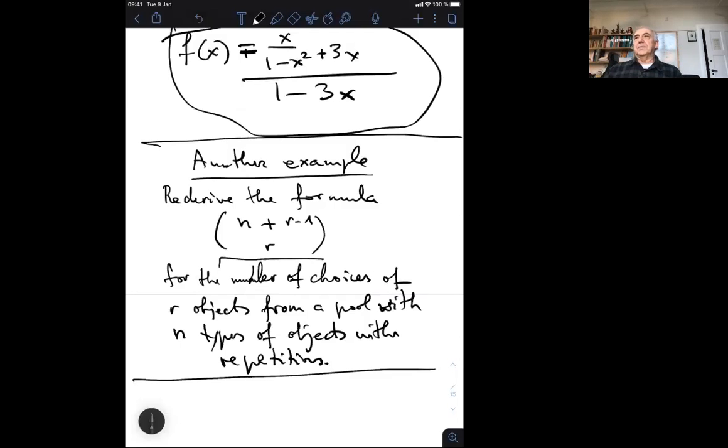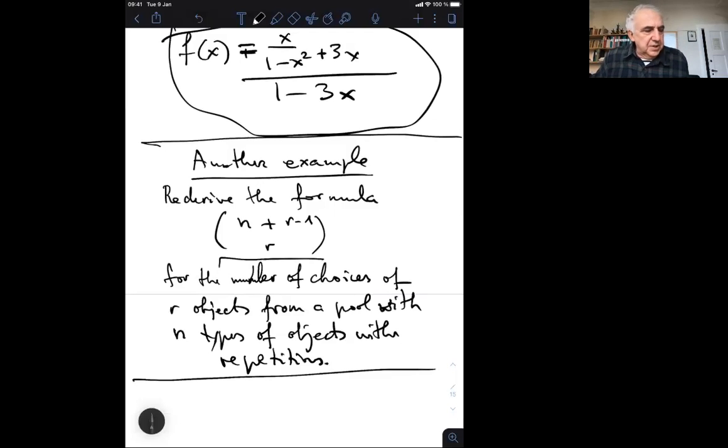So then we can reinterpret our problem as, we have now n plus r minus 1 positions, and we have to put n minus 1 dividers at some places, and we'll fill the remaining empty spaces with our objects. To the left we'll put object number 1, and in between the first and the second divider we'll put object number 2. Between the second and third we'll put object number 3, and so on. So that's how we got this answer.